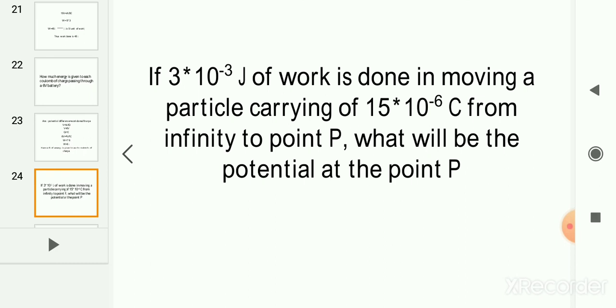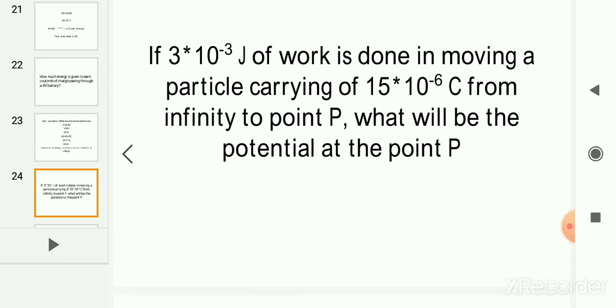One more numerical. If 3 into 10 to the power of 3 joules of work is done in moving a particle carrying a charge of 15 into 10 to the power of 6 coulombs from infinity to a point P, what will be the potential at the point P?